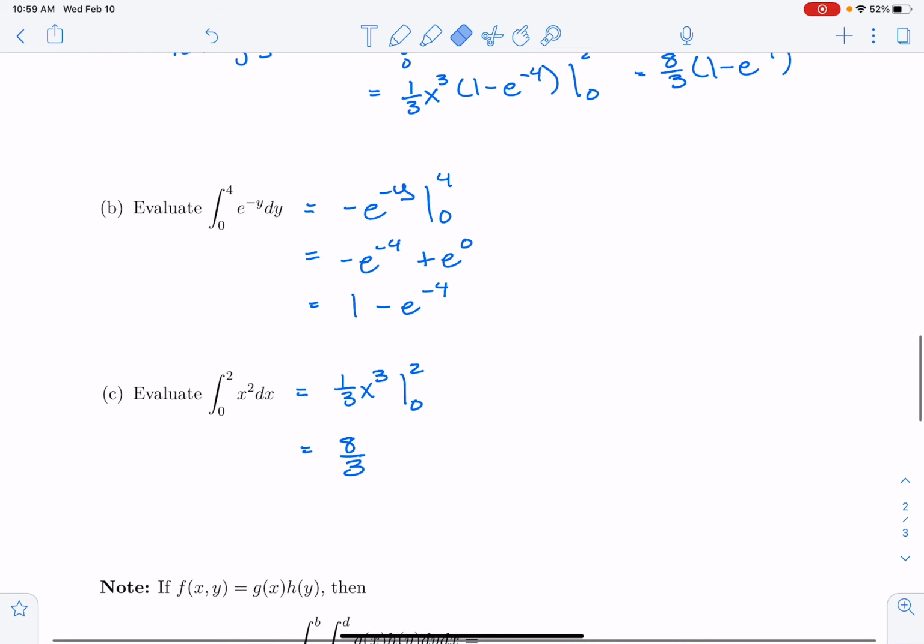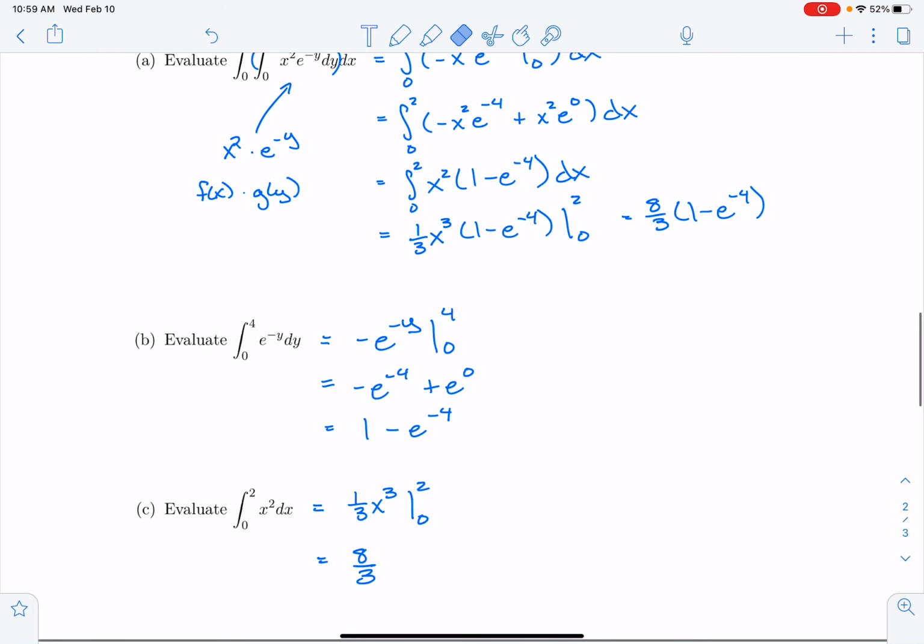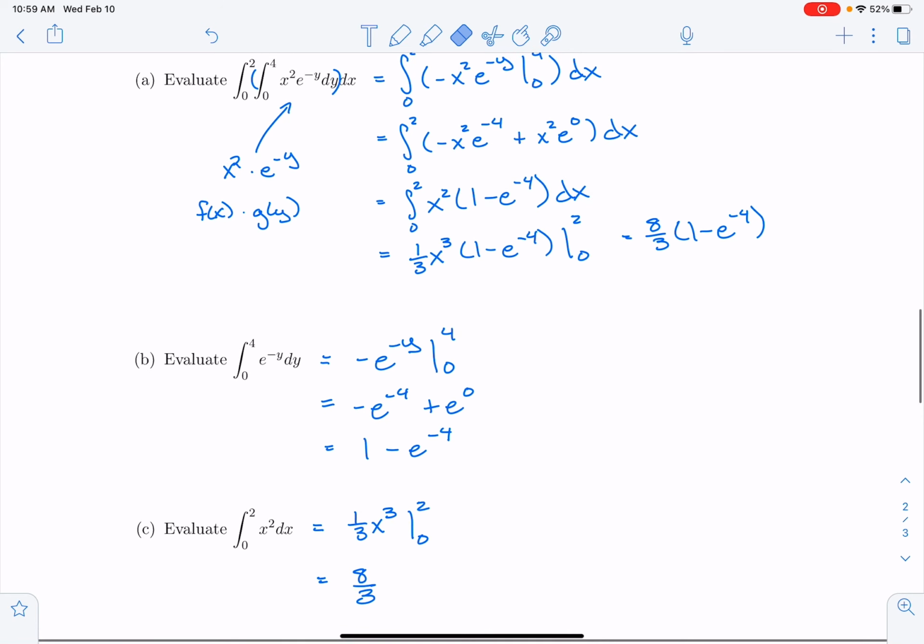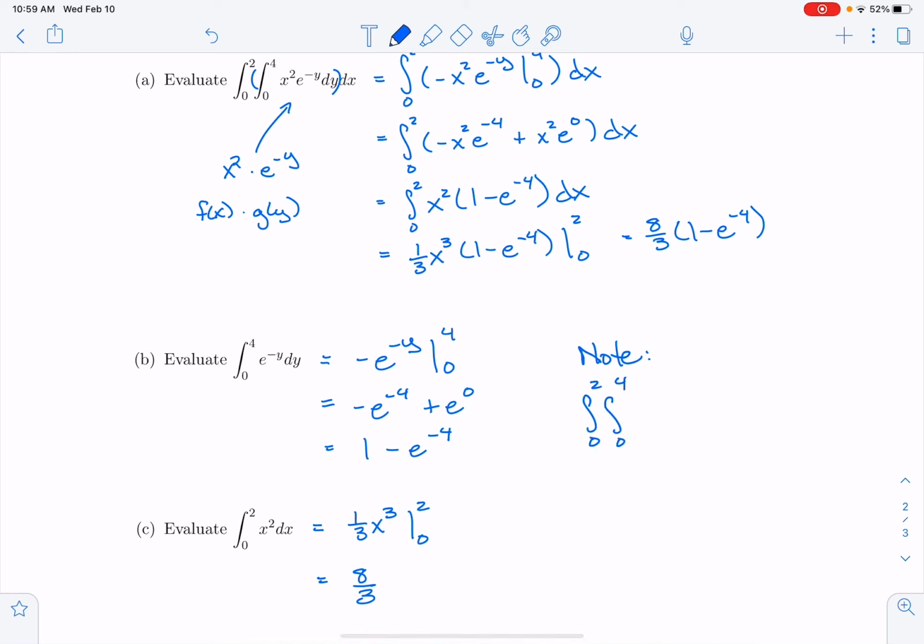And so what we have here is that, in fact, this double integral that we evaluated, the integral from 0 to 2, integral from 0 to 4 of x squared e to the minus y dy dx. Well, on the inside of this integral, you'll notice that you have an x squared, but we're integrating dy. So the x squared has nothing to do with the dy. So we can kind of pull the x squared out.